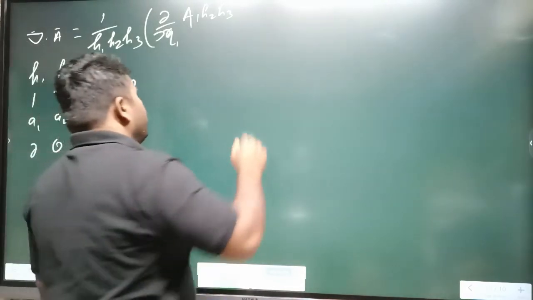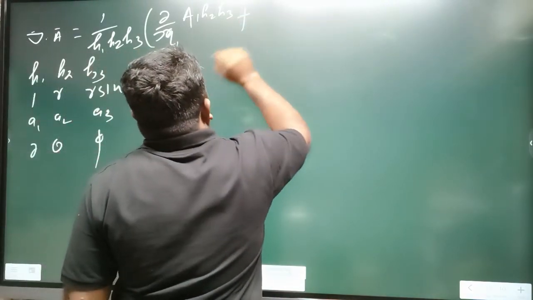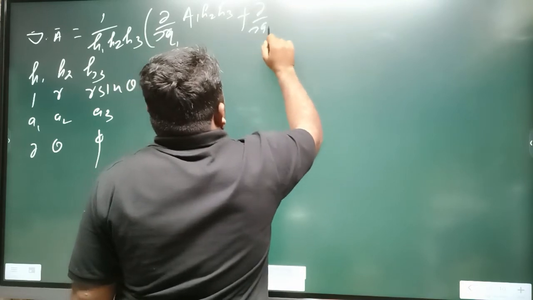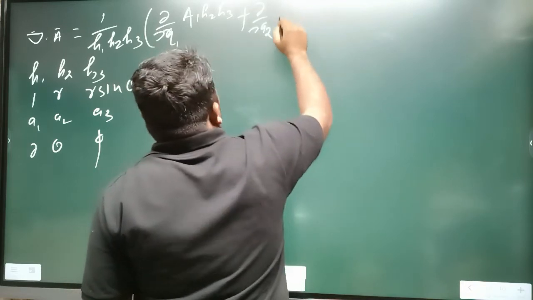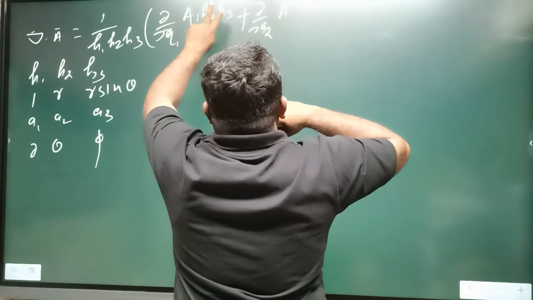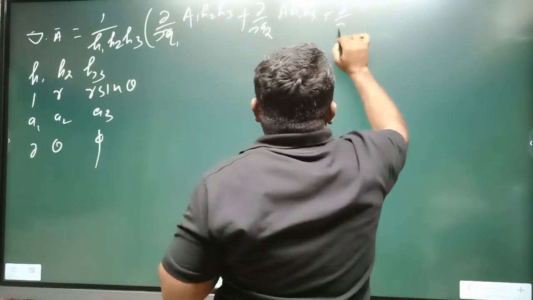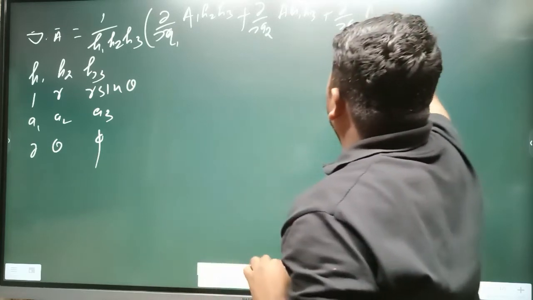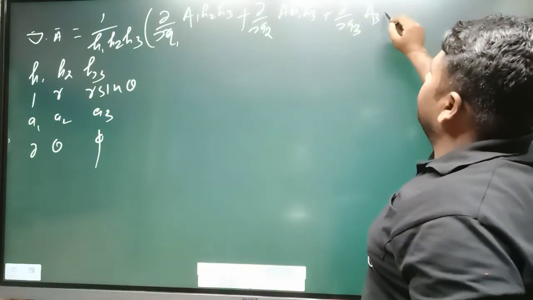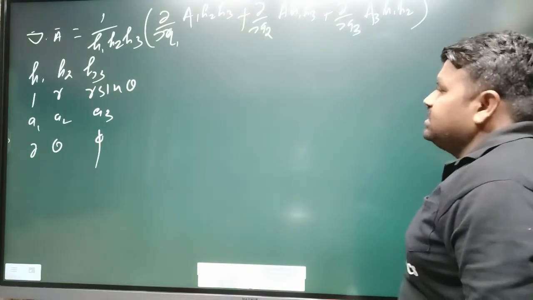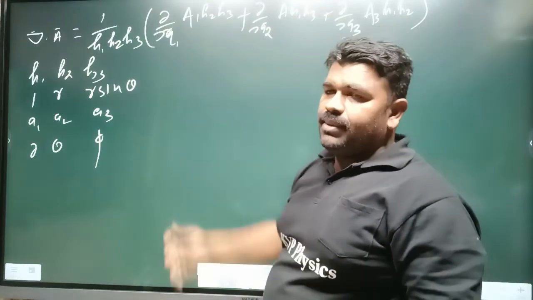Del upon del q1 of A1 h2 h3, okay, second del upon del q2 of A2 h1 h3, similarly del upon del q3 of A3 h1 h2. Okay, according to the system, h1 h2 h3 will change.